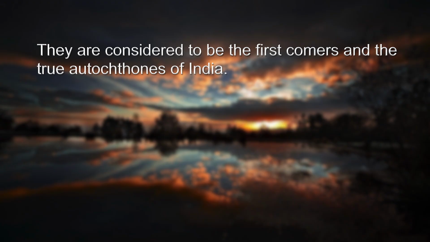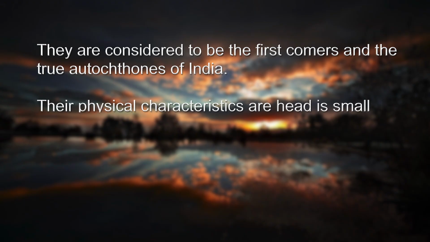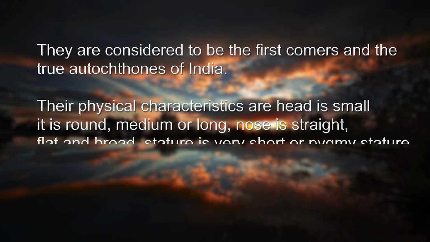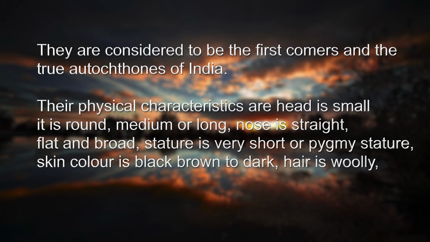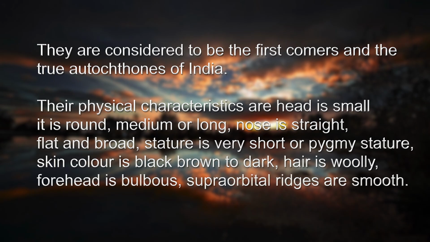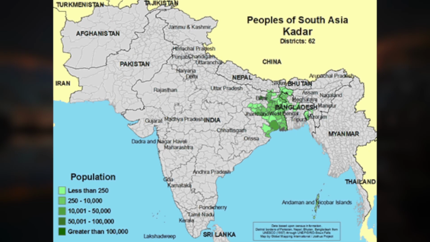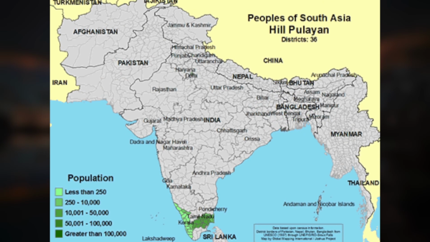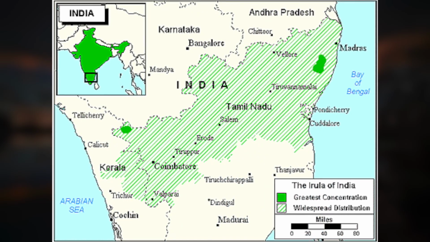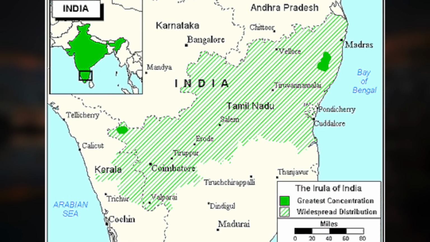Their physical characteristics are: head is small, it is round, medium or long, nose is straight, flat and broad, stature is very short or pygmy stature, skin color is black brown to dark, hair is woolly, forehead is bulbous and supraorbital ridges are smooth. This type is represented by the Kadars, Pulayans of Cochin and Travancore, Irulas and the primitive tribes of the Wayanad.